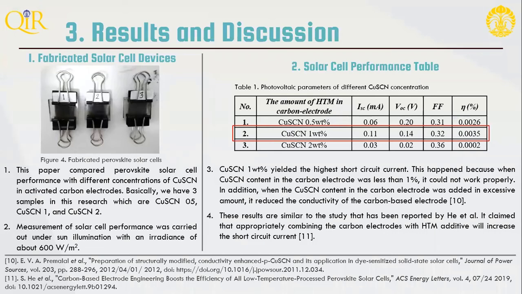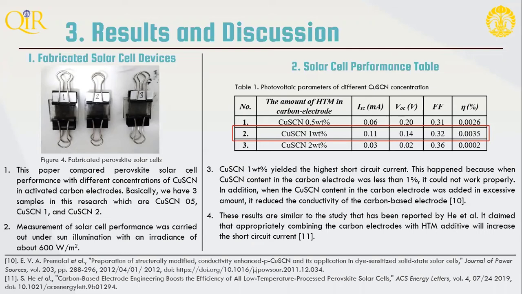We move to the third section, which is results and discussion. As we can see on the left side of the screen, there are our fabricated solar cell devices. This paper compared perovskite solar cell performance with different concentrations of CuSCN in activated carbon electrodes. Basically, we have three samples in this research, which are CuSCN05, CuSCN1, and CuSCN2.